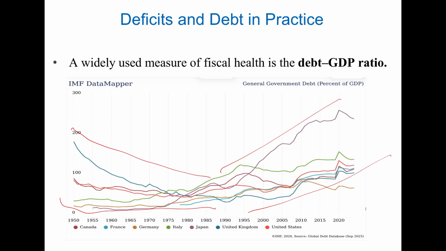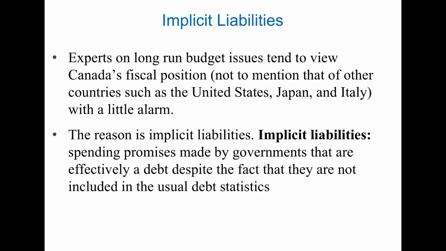After 1990, or '95, we see an increasing trend. And if we look at the Canadian position, it is here, the maroon color line. This reflects a widely used measure of fiscal health, the debt to GDP ratio.